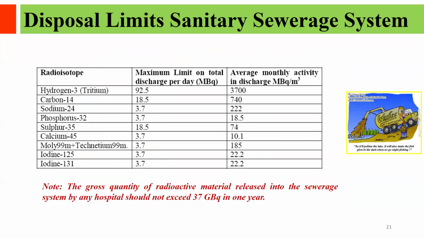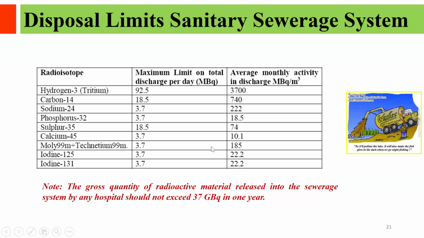Similarly, for sanitary sewerage systems, these are the different radioisotopes, and this is the maximal limit for total discharge and average monthly concentration which you can handle. In case of iodine 131, it is 22.2 megabecquerel per meter cube, then waste can be allowed.